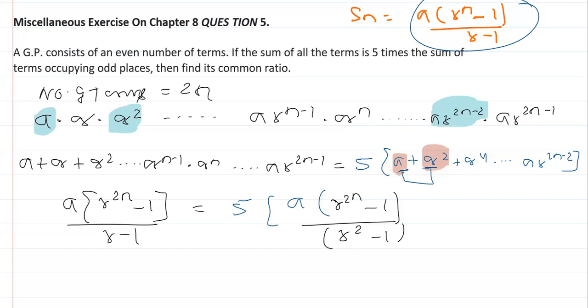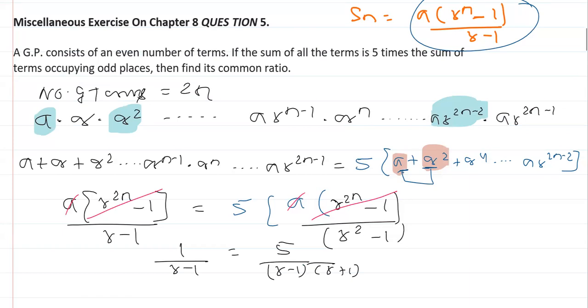For further simplification, you can see that a gets cancelled with a. And what we can do more is to split this: r square minus 1 is r minus 1 times r plus 1, applying the identity a minus b into a plus b.